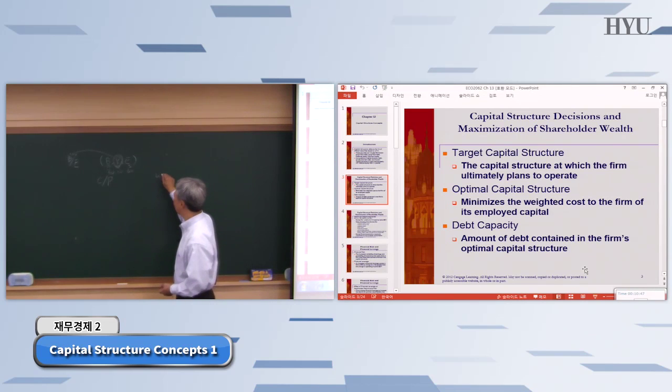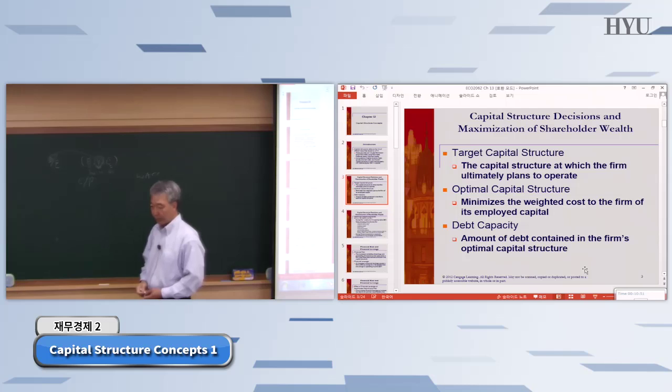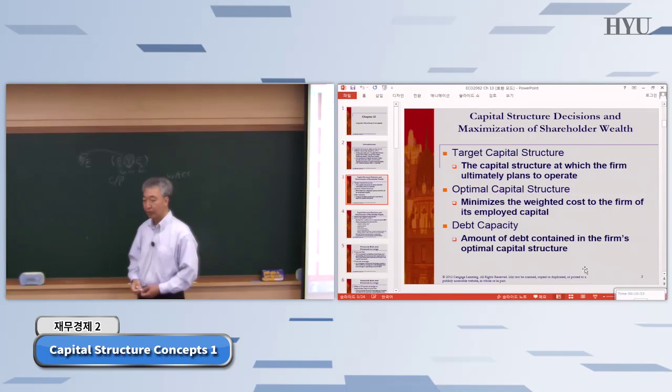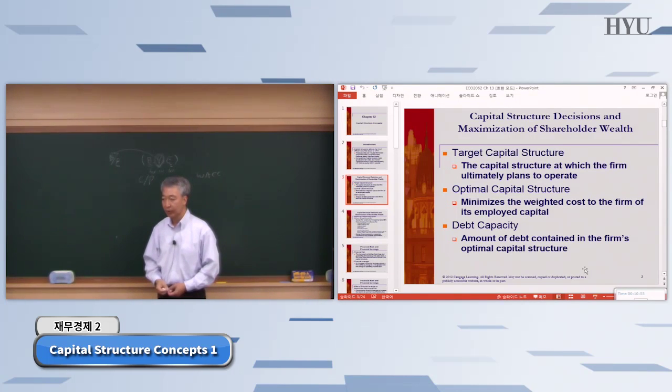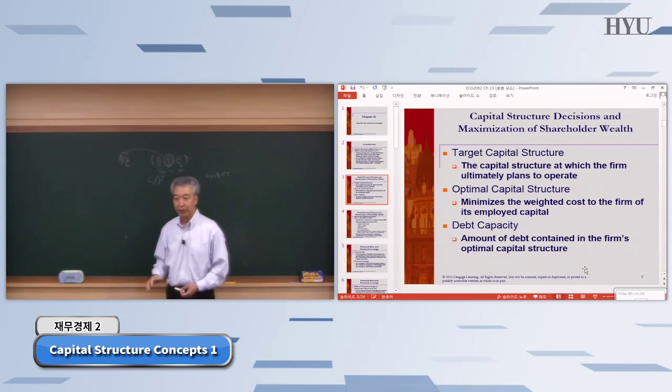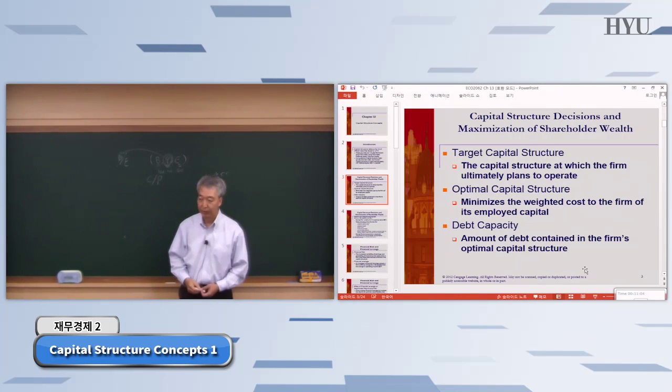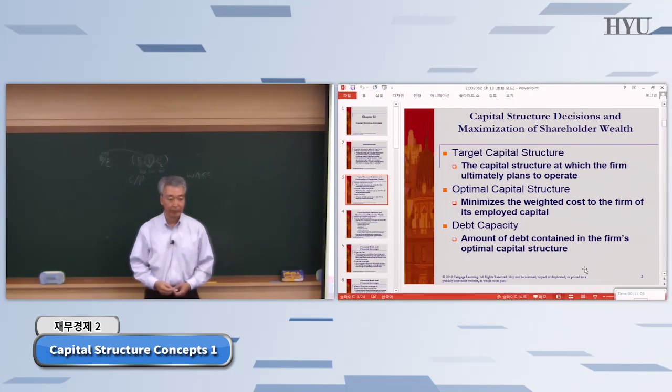Typically we say WACC, weighted average cost of capital for a company, or overall cost of capital to a company. Obviously minimizing the cost is a good thing, but when you minimize the overall cost of capital, what happens?